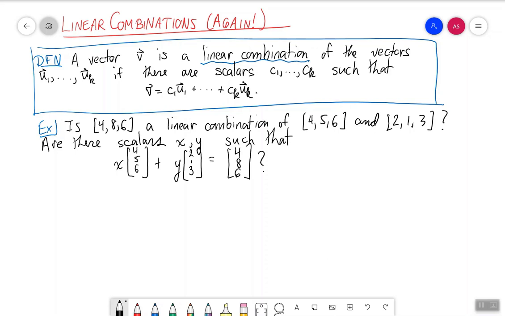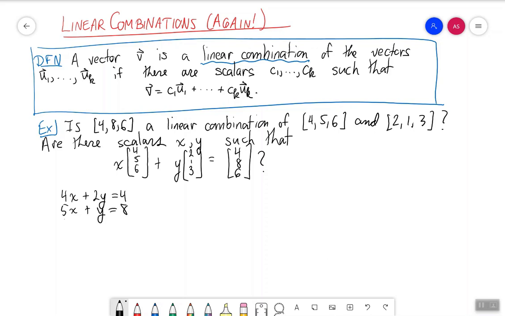We can combine everything to put this into components. Well, the first component is the equation 4x plus 2y equals 4. The second is 5x plus 1 times y equals 8.